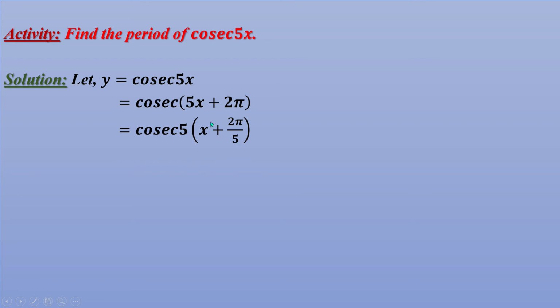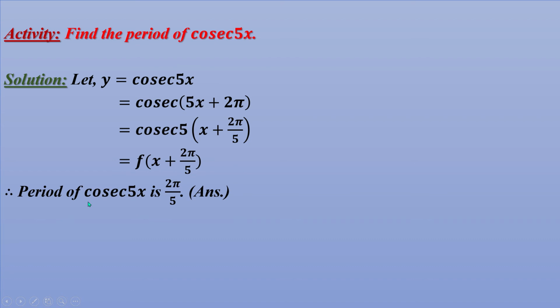Always we have to free x, and now the period of cosec 5x will be 2 pi by 5. Clear? As this is not cosec x but cosec 5x, the period will be 2 pi by 5. Therefore the period of cosec 5x is 2 pi by 5. Clear everyone?